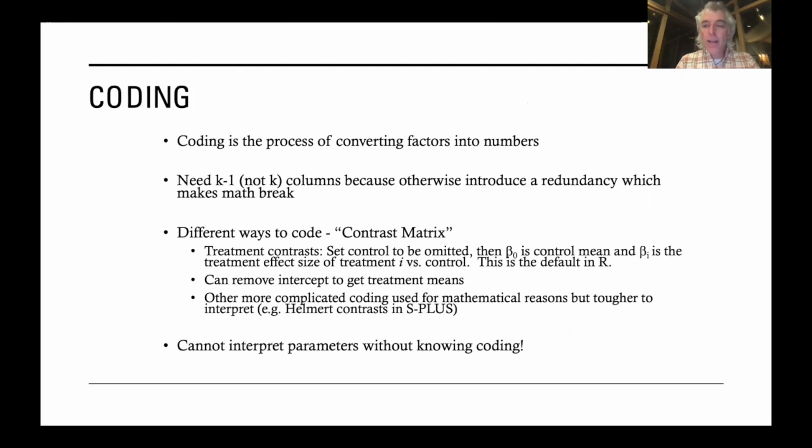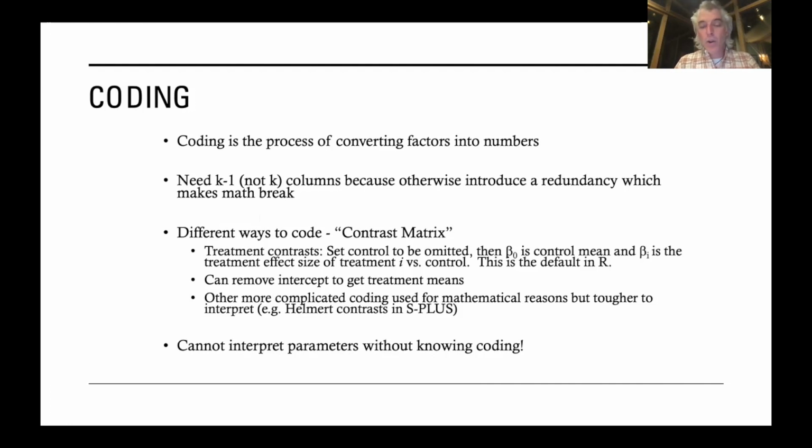So this coding that I'm referring to is the process by which your statistical package will convert a categorical predictor into a series of yes or no questions, the answers to which are represented by ones and zeros. Now, as I mentioned, we need K minus 1 yes or no questions to completely describe a categorical predictor with K different levels.